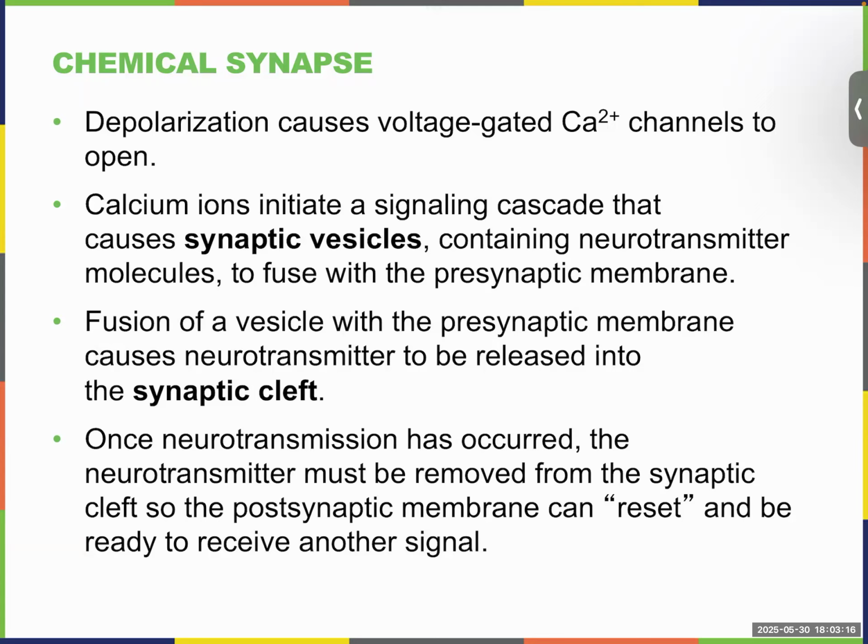They only open once they notice that the membrane potential has changed from minus 70 to plus 40, for example. And then these calcium ions, now that they're allowed to enter, initiate a signaling cascade that causes synaptic vesicles containing neurotransmitter molecules to fuse with the presynaptic membrane.